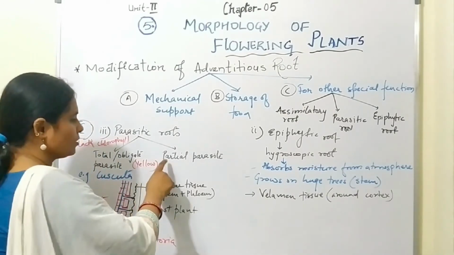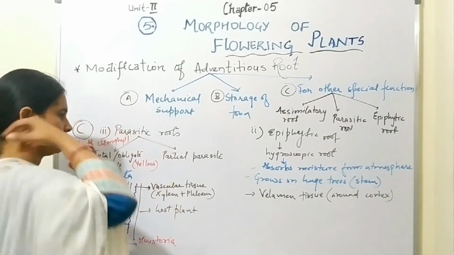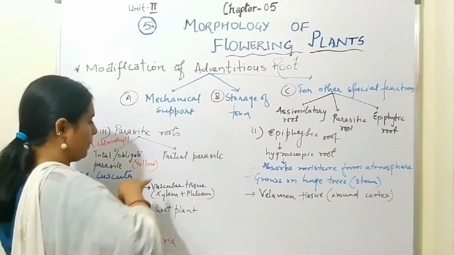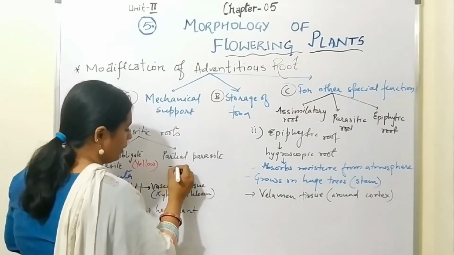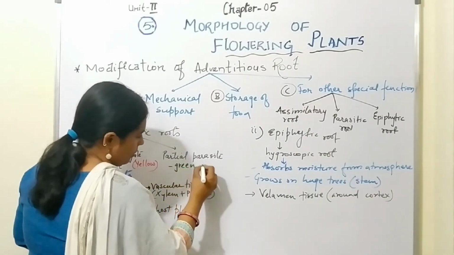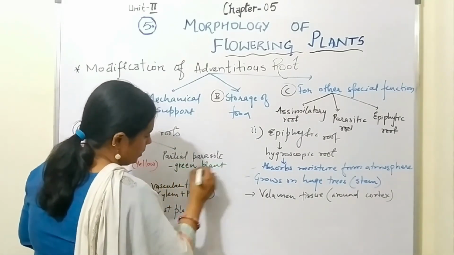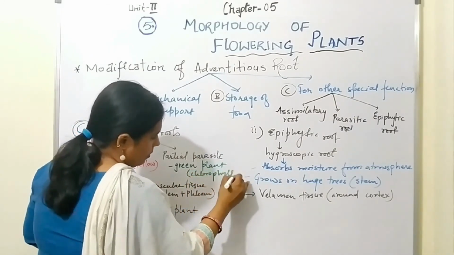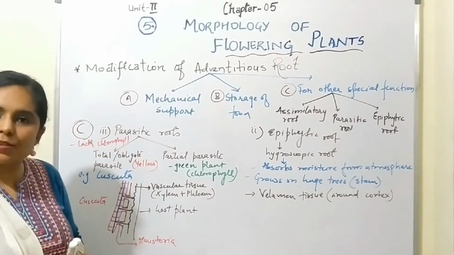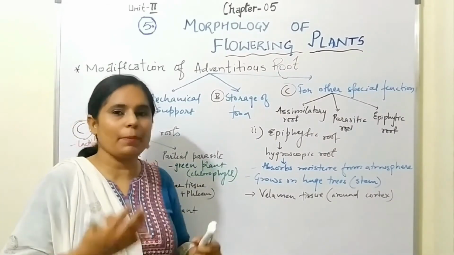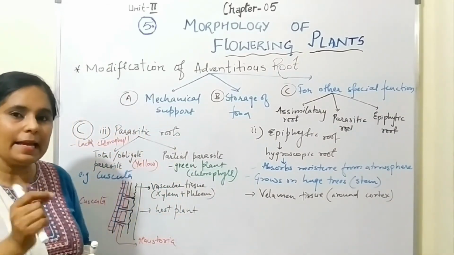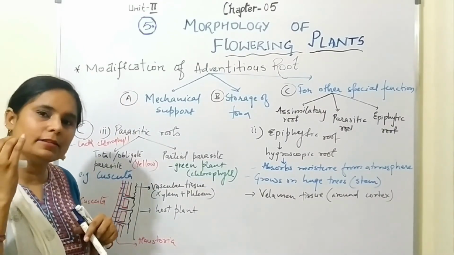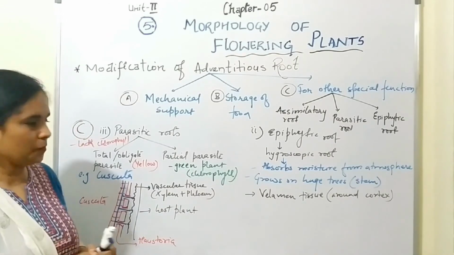Now in case of partial parasite, these partial parasites are green plants, meaning they have chlorophyll. If sunlight is present, they will be able to prepare their own food, but in absence of sunlight, they will get the food from the host plant.